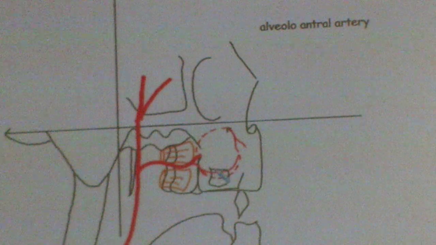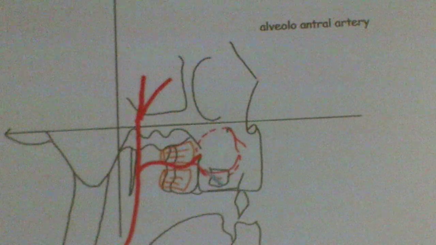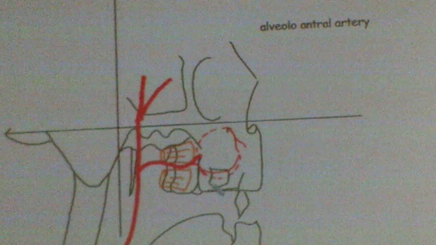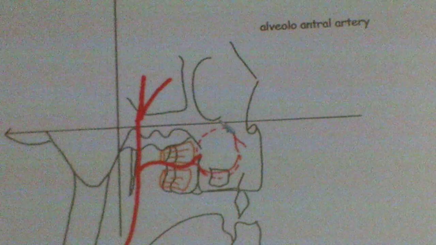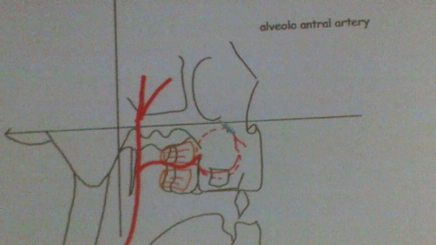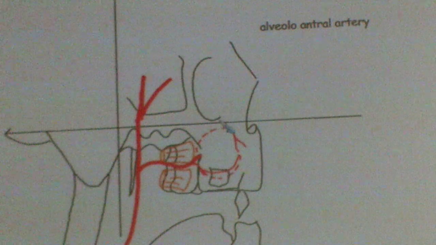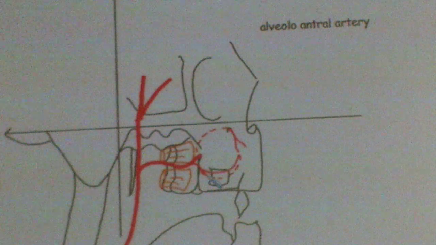And you know that a communication and anastomosis has been described between these two arteries, which is called the alveolo-antral artery. I'm going to write it down.